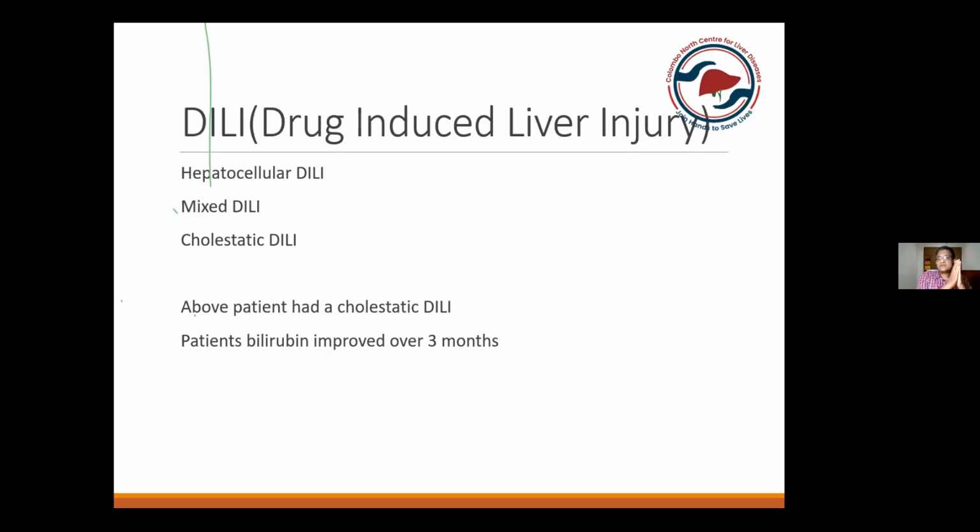Okay, what's the other question? Is there a place for IV N-acetylcysteine in dengue or other conditions with high AST and ALT? Tell me again. Right, okay. I will give you the answer. N-acetylcysteine has been shown to be beneficial in patients with acute liver failure.